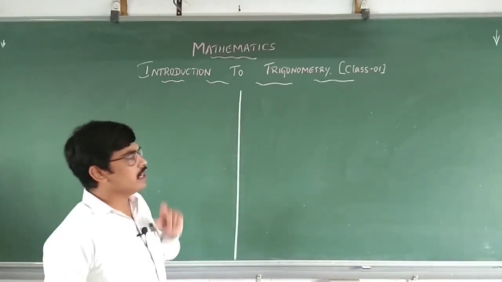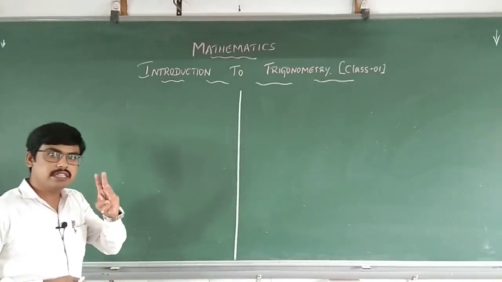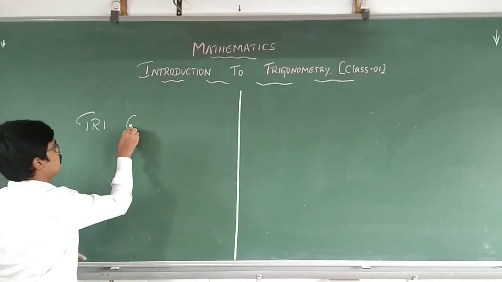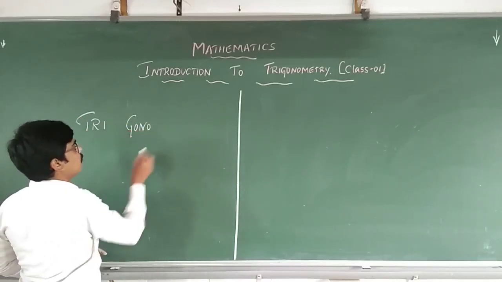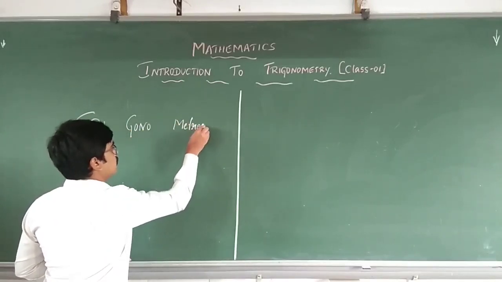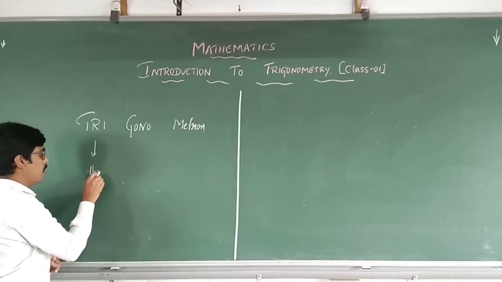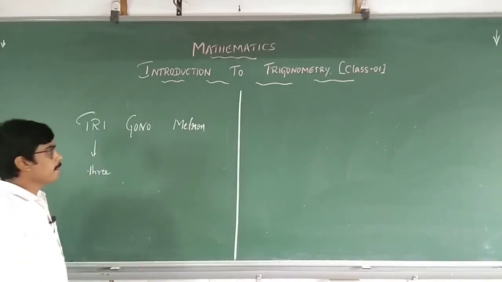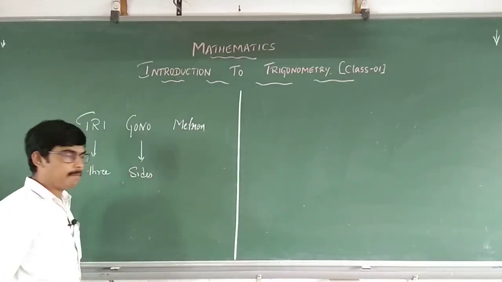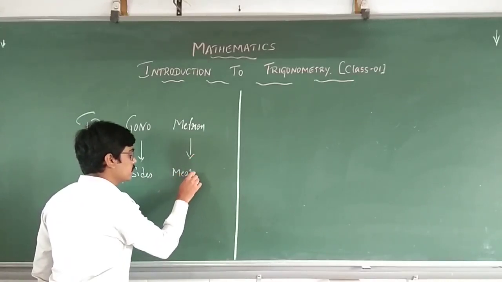The word trigonometry is derived from the three Greek words: tri, gono, and metron. We know tri means 3, gono means sides, metron means measurements.